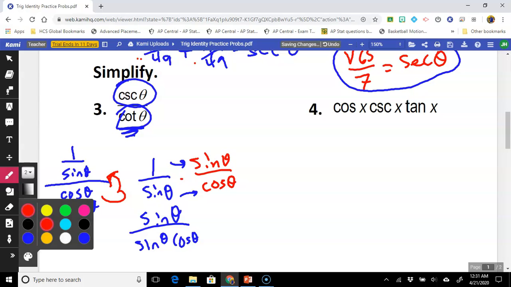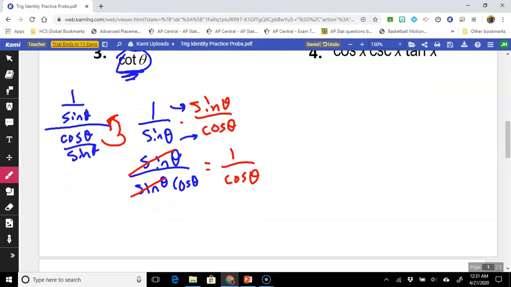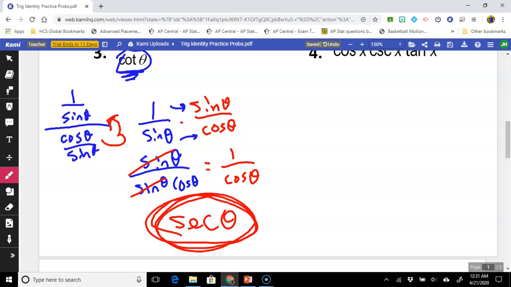But what happens here is the sine of thetas cancel out. So we're left with 1 on top over cosine of theta. Well, hopefully you remember your reciprocals, because 1 over cosine is equal to secant of theta. So if we were going to fully simplify this, we would call this secant of theta.